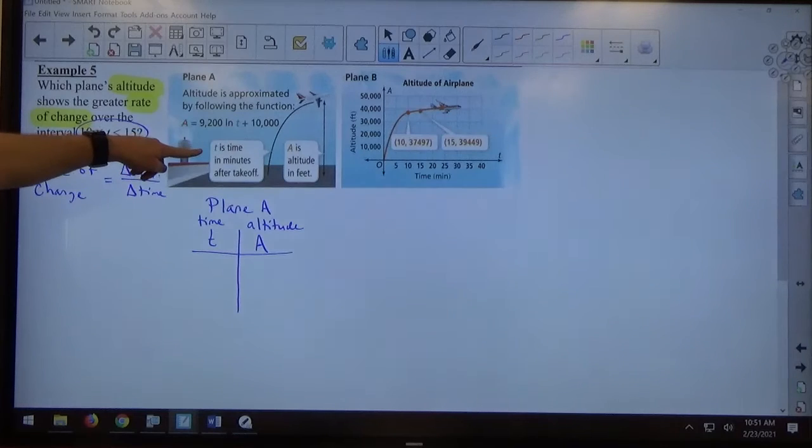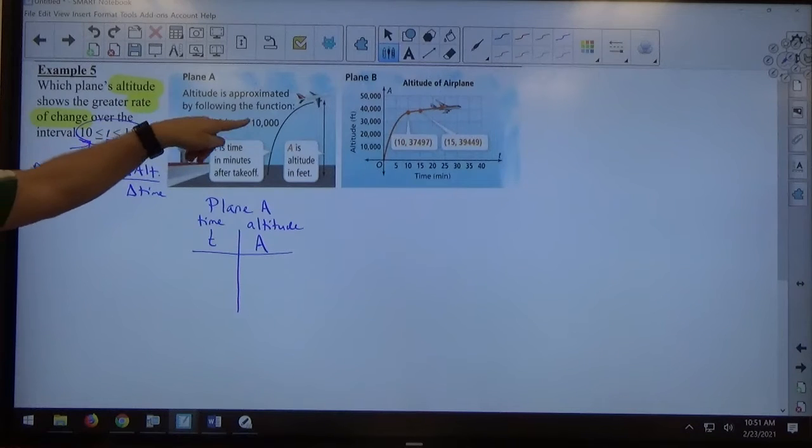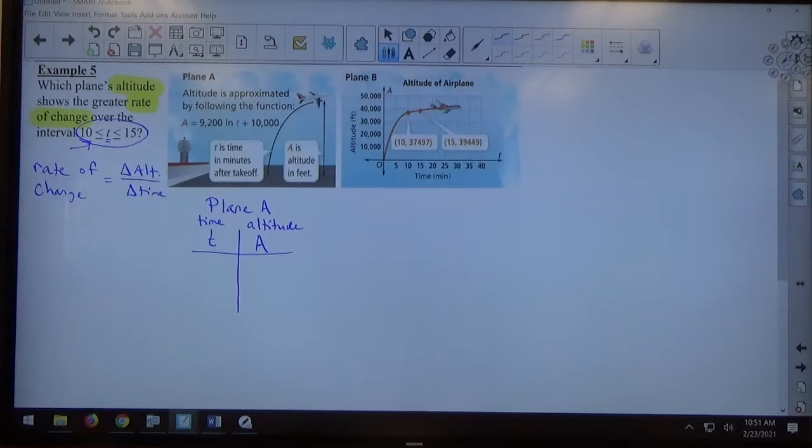t is time in minutes after takeoff, A is altitude in feet. So they give me an equation here telling me that A equals 9,200 natural log of t plus 10,000. That's my equation.